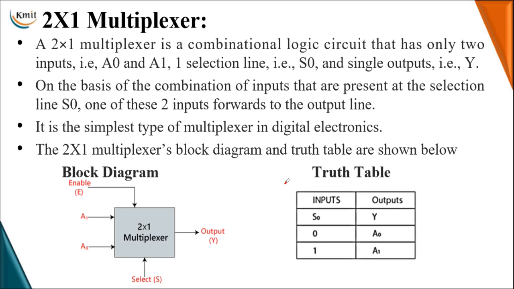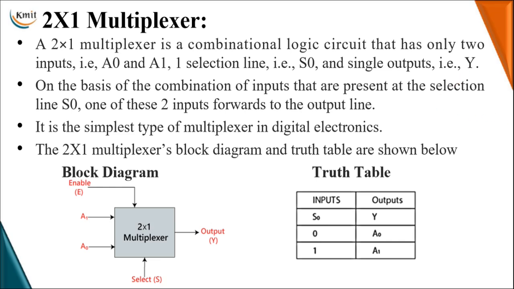Next, let me move to the in-depth details of the 2 to 1 multiplexer. In this 2 to 1 multiplexer, it has only 2 inputs, labeled A0 and A1. Only one selection line, S0, is required to transfer these 2 inputs through a single output terminal Y. Based on the selection input, one of these 2 inputs is forwarded to the output line.